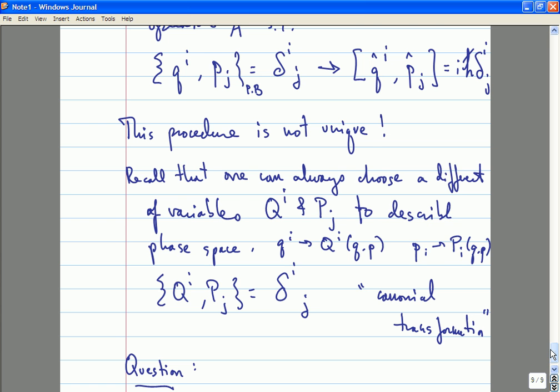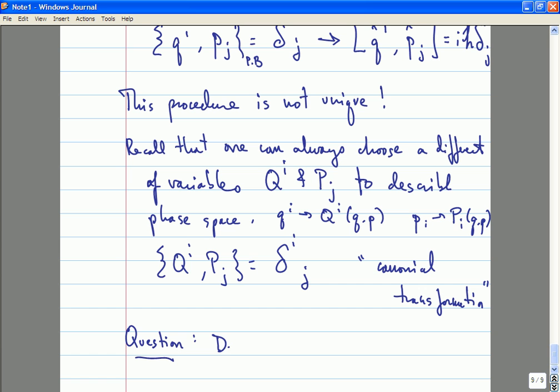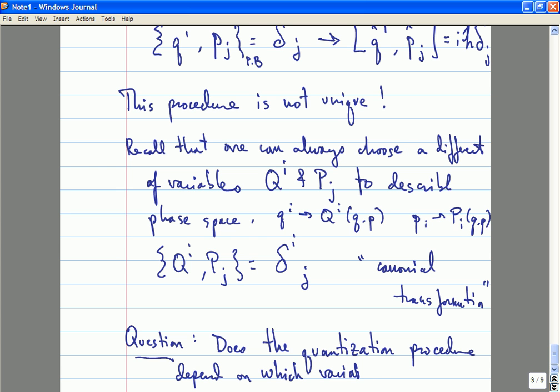So does the quantization procedure depend on which variables we choose when we quantize this system?